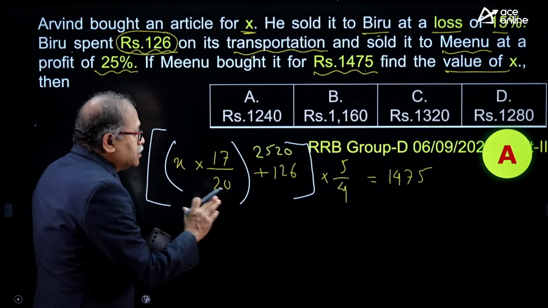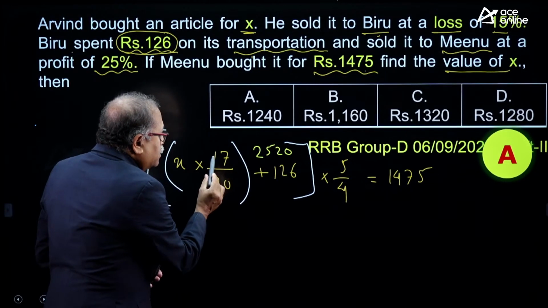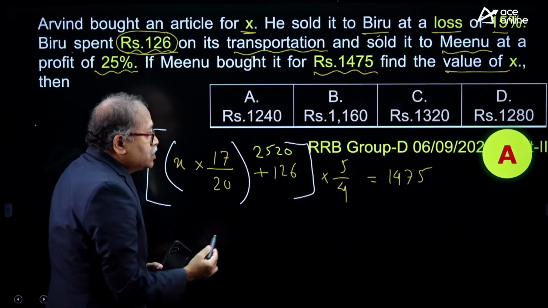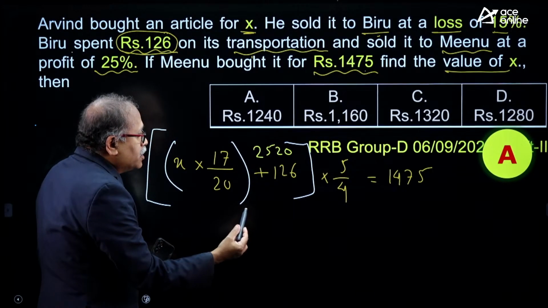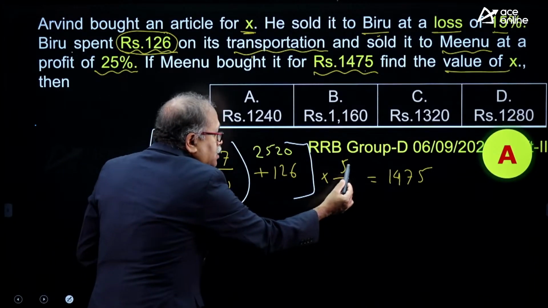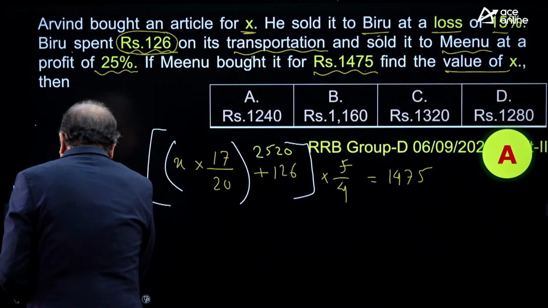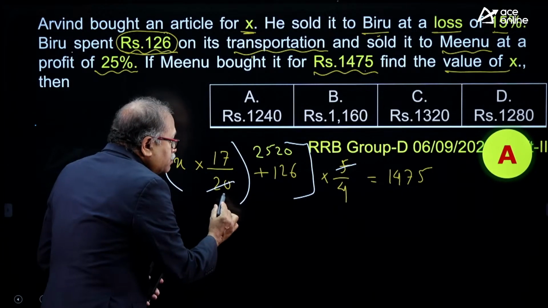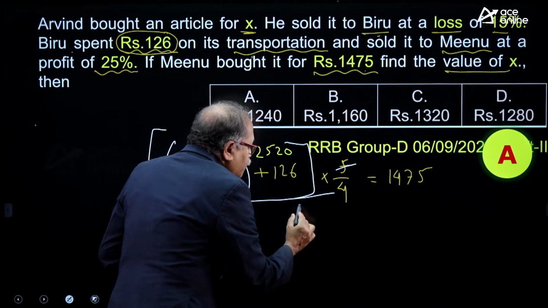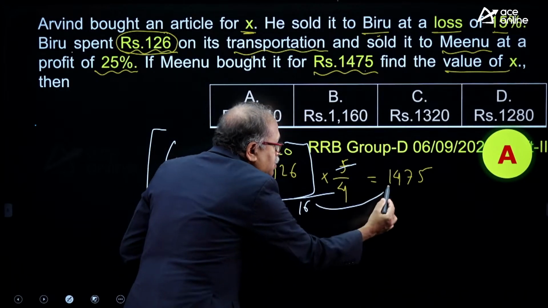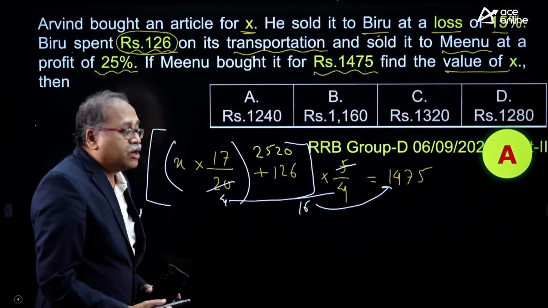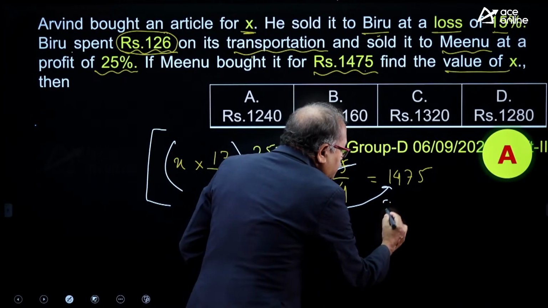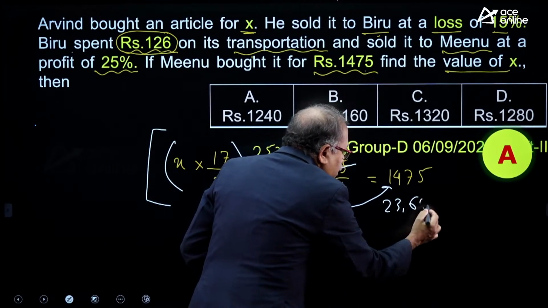So, and then this comes this way, that is 17x is there. So, can I cancel the number over here now? So, I can cancel this 5, this 5, this 5 and this 20, and this comes 4, and the 4 into 4, that is 16, and 16 will go over here and multiply that number by 16. I am simply writing the number, and that comes 23,600.